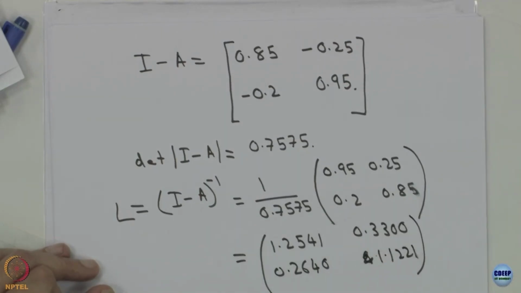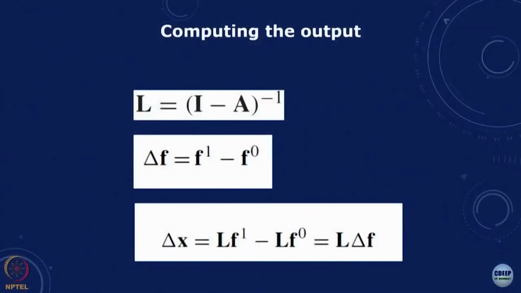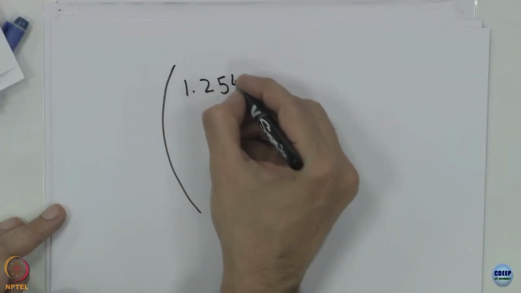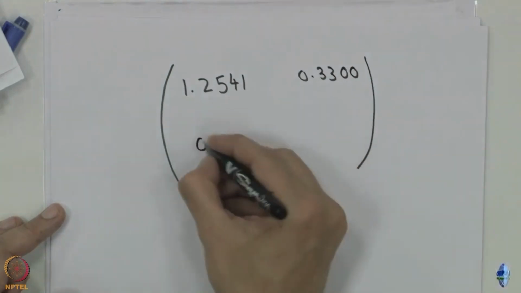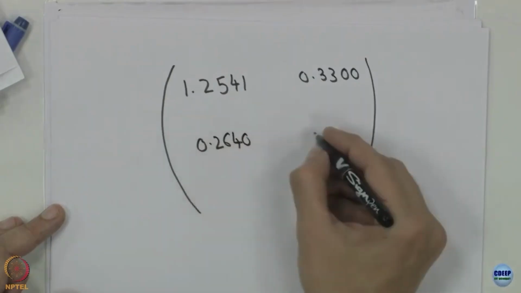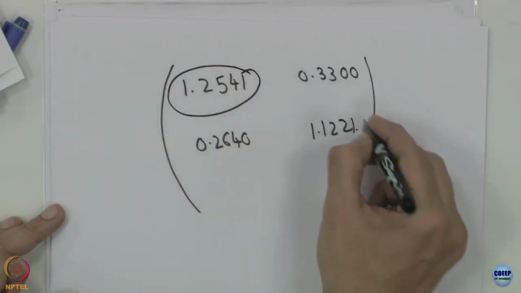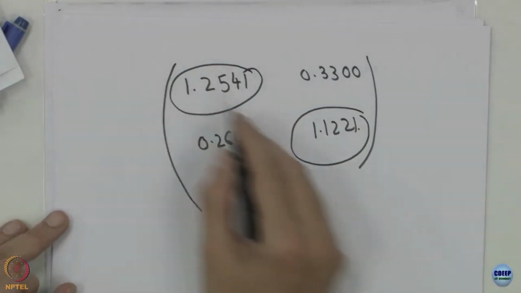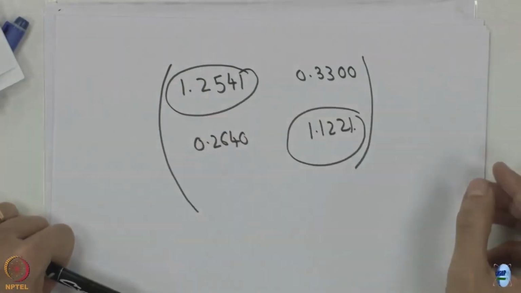We calculated this, and the interesting thing to see is, if you look at the values of the Leontief matrix, 1.2541, 0.3300, 0.2640, 1.1221, you will notice that all the coefficients on the diagonal are greater than 1.